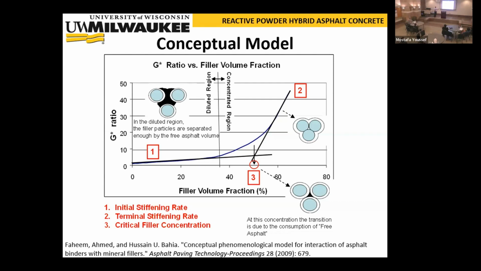The x-axis here is the volume concentration, not by mass. In this study we were looking at 40%, because based on a previous study, all particulates in asphalt reach the concentrated zone at 40%.